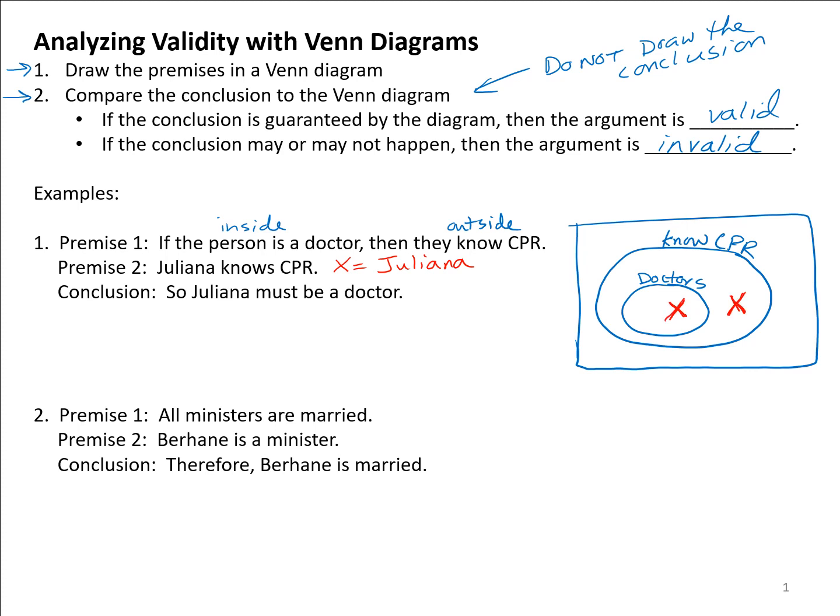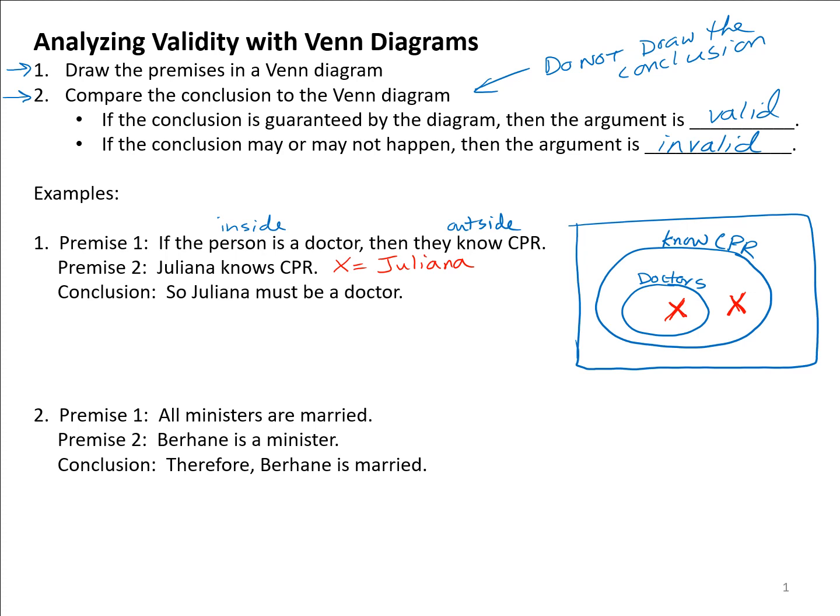The only place that Juliana can't be is outside of the know CPR circle, because she knows CPR, and the outer region would be people who don't know CPR. But she could be inside the doctors, because doctors know CPR, or she could be in the know CPR circle but not be a doctor.